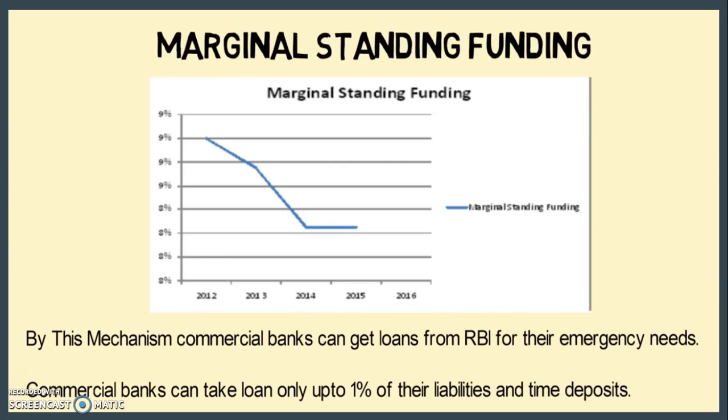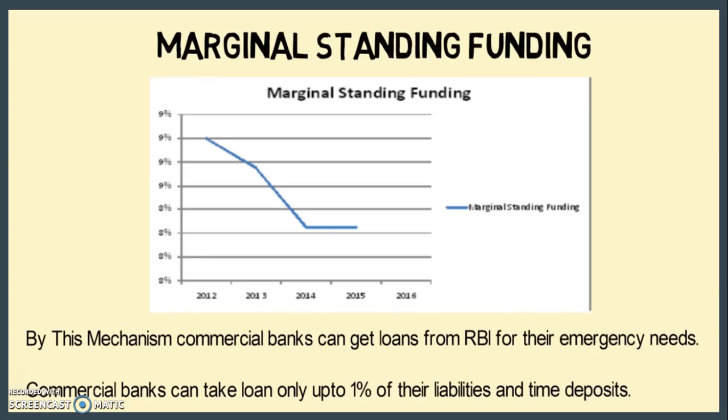Then there is marginal standing facility, which is an emergency fund that has to be taken by the banks from the RBI. Whenever certain rates are increased or decreased, if the banks are short of funds at that point in time, you can even take a loan from the RBI for even a single night.